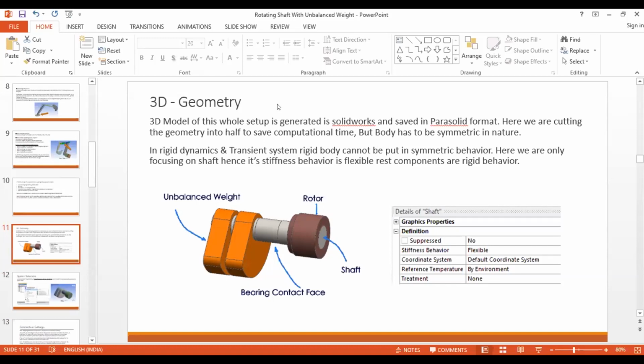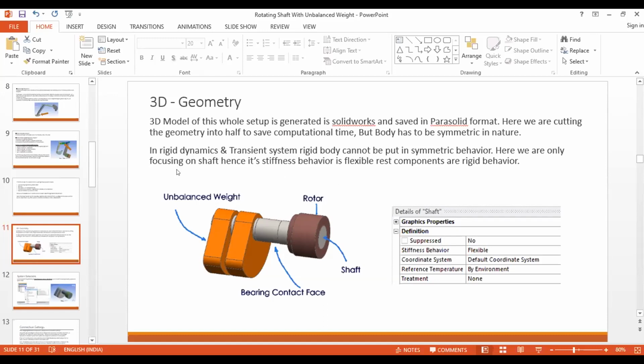But the body has to be symmetric in nature. There is one thumb rule, that if your body is symmetric, then only you can cut your geometry into half. There is an option in analysis where you can cut the asymmetric body, but you have to follow some rules for that. So here I am cutting this geometry to save my computational time.